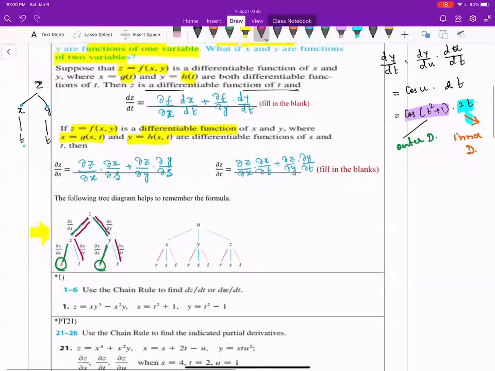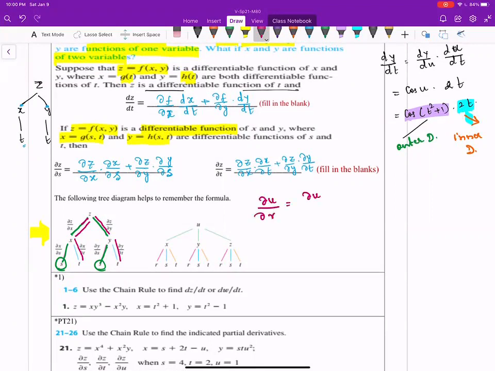You can extend this idea to three variables, even if you use a function of x, y, z, and x, y, z are in turn functions of three variables, or s and t. Let's say you want to find the partial derivative of u with respect to r.